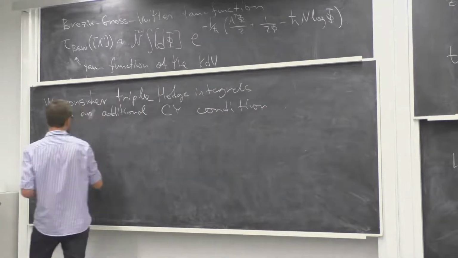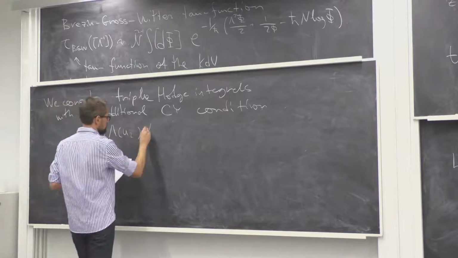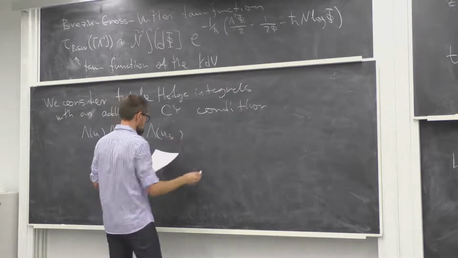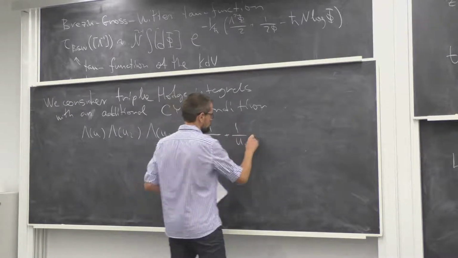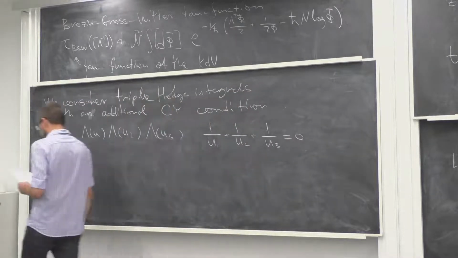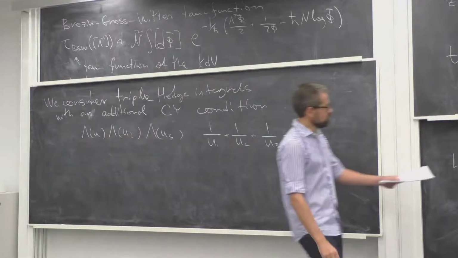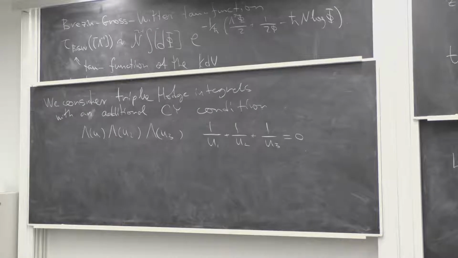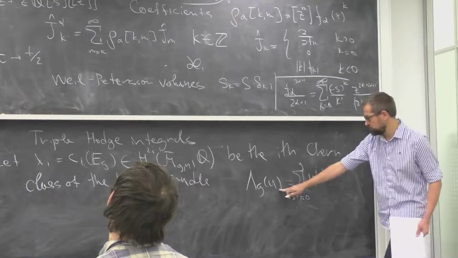So we have lambda of 1, lambda of 2, lambda of 3, such that lambda of 1 is 1 over to 0. And what is this condition? So your lambda is some class, so it is a combination of lambda classes, and this is a polynomial of u.